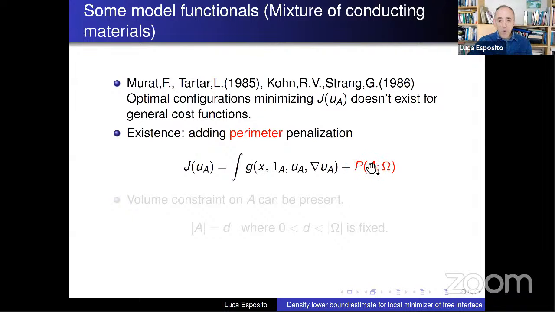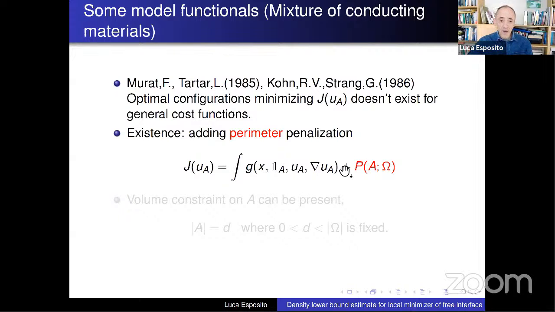I will be more precise about what the perimeter of a set is in the sequel. For the moment, you can think of this as the n-1 dimensional Hausdorff measure of the boundary. Then, if we add this penalization, we can prove the existence of minimizers.